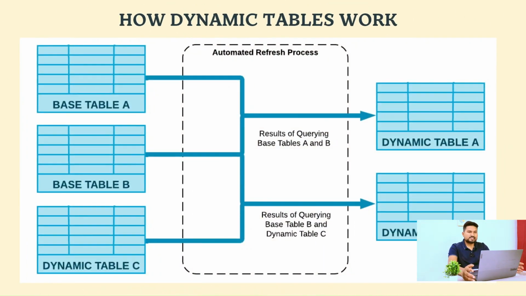So this is an example of the architecture of dynamic tables. In this diagram, you can see there are three tables: base table A, base table B, and dynamic table C. We are going to combine their data and store it in two different dynamic tables, and the dynamic tables will do the automated refresh process.